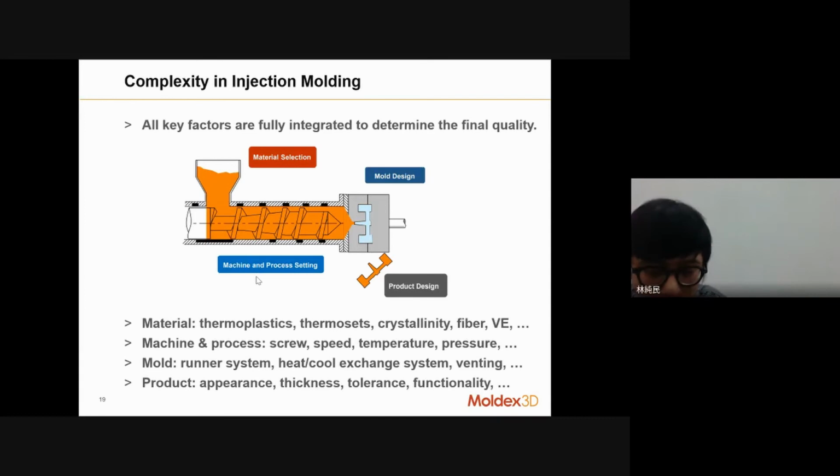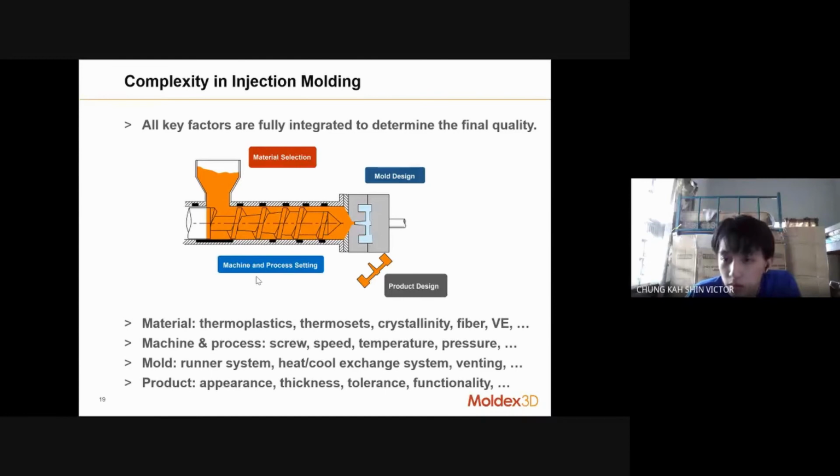Some customers have already done trial and error many times, and they just want to do one more time, or check what will happen if they change this parameter. In this kind of scenario, we can help them at least not go in the wrong direction, because, just like I said, the choice of material will also affect the result. Under this kind of situation, we can give them the direction.